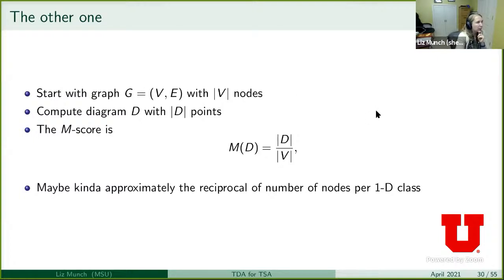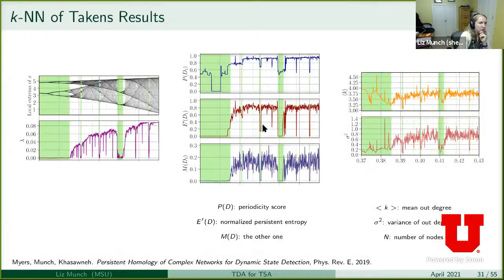Okay, so what do we got? Here's what happens if I try to score the periodicity of my time series based on these different outputs. This is the case where we did the k-nearest neighbor graph. The green regions are the portions of the parameter space that are periodic, and the white ones are chaotic, I believe.